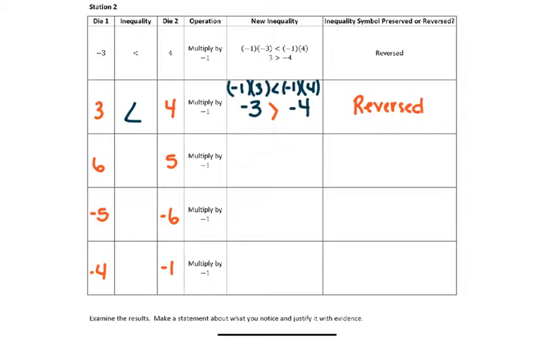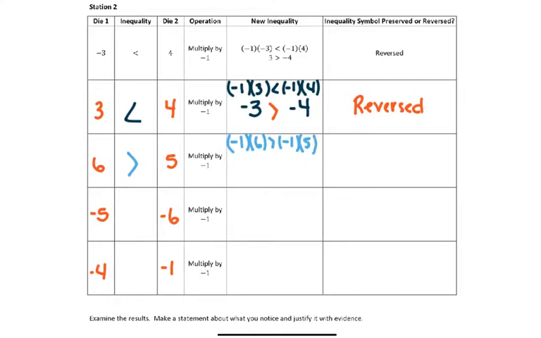So let's now look at the next row of all of these inequalities, and let's see if our inequality symbol stays the same or if it changes. So I'm looking at 6 and 5. I know that 6 is greater than 5, so I'm going to put that greater than sign in for my inequality symbol. Now, my operation is still asking me to multiply by -1. So I'm going to put -1 and multiply it by 6, keeping that inequality symbol the same for now. So -1 times 5 on the other side of my inequality.